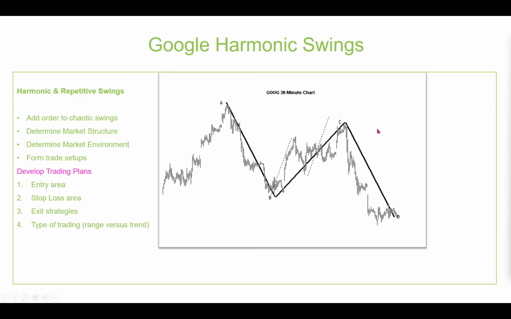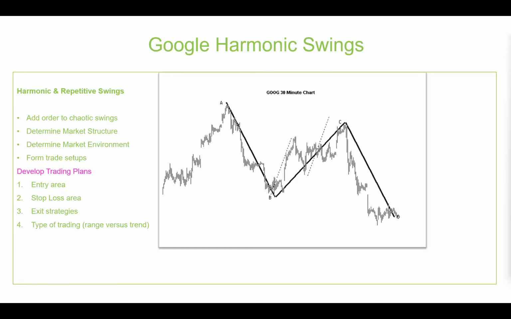And these are trading patterns, and this is how harmonics and harmonic vibrations, swing sizes, can give us trading opportunities in the market. So I listed out here some of the advantages to learning and understanding this, but it adds order to chaotic swings.